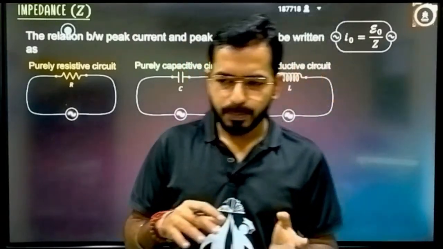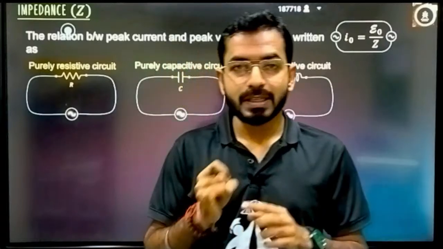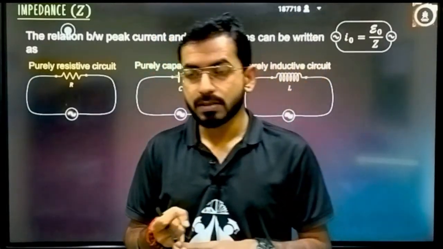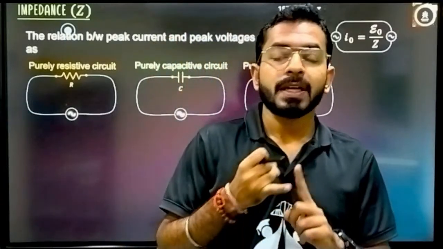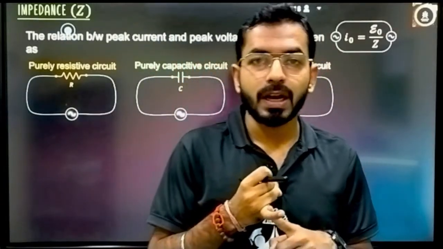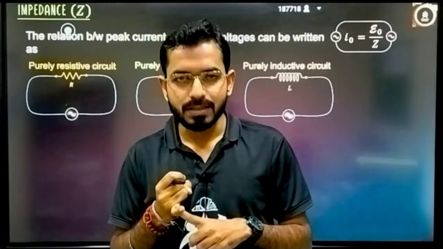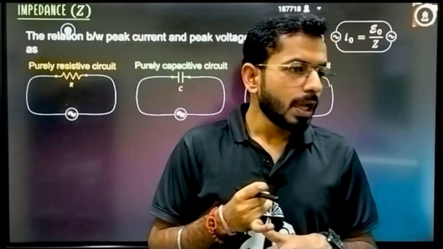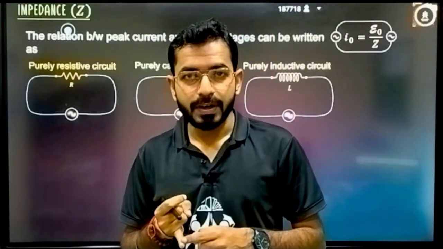Let's suppose R and C are present. The resistor provides some resistance, and along with that the capacitor will also provide resistance, and the inductor also provides resistance.